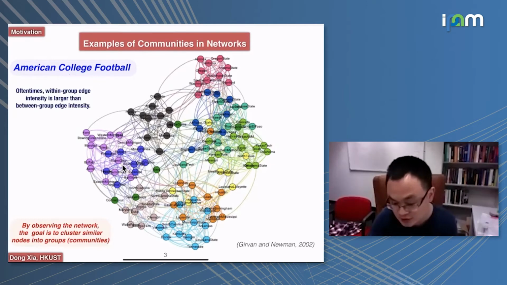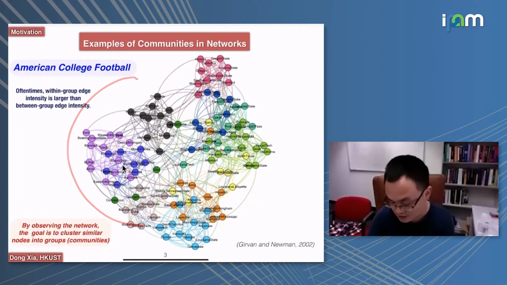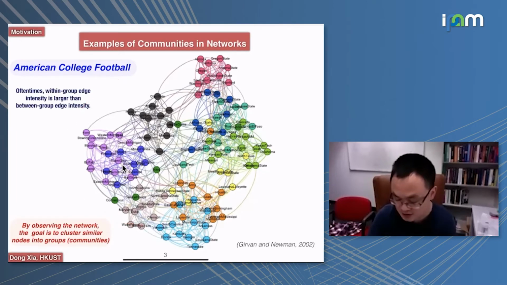For instance, you can see the UCLA team here, and also maybe Stanford here. There is an edge between two vertices if these two teams played a game in the year 2001. This graph is obtained from this Science paper.